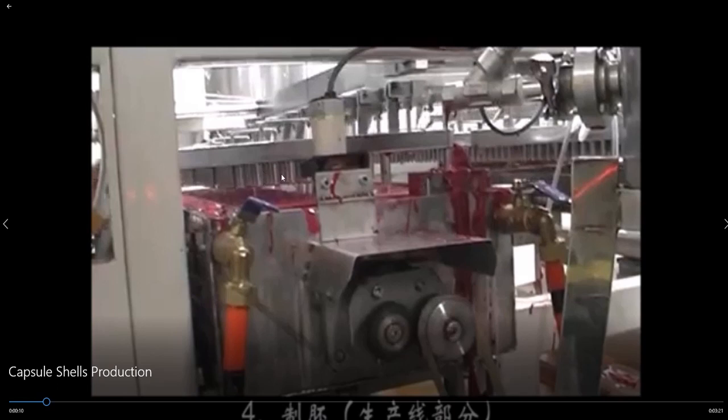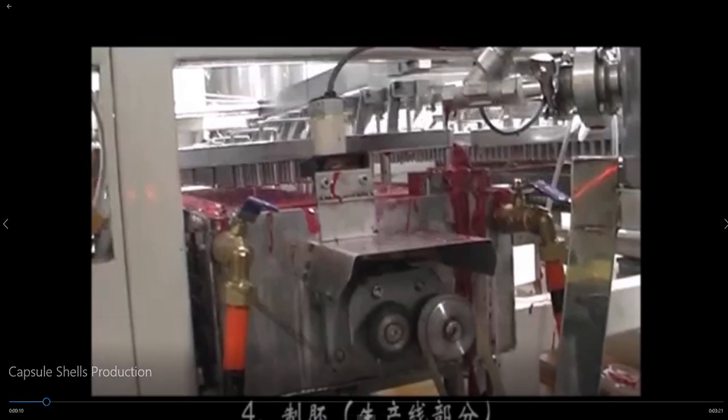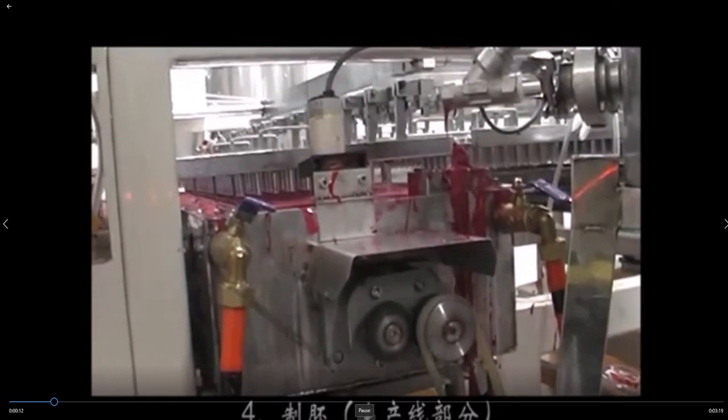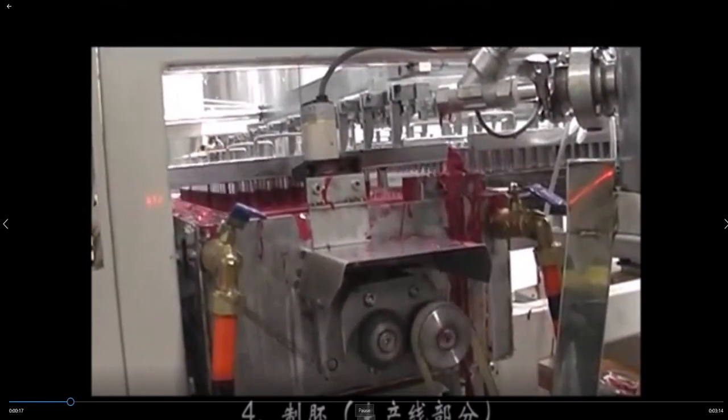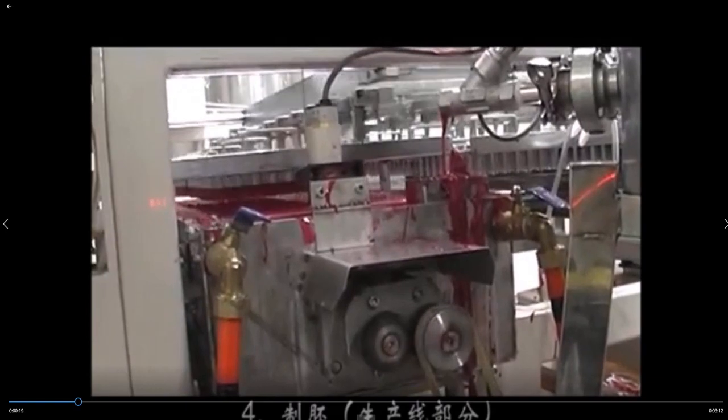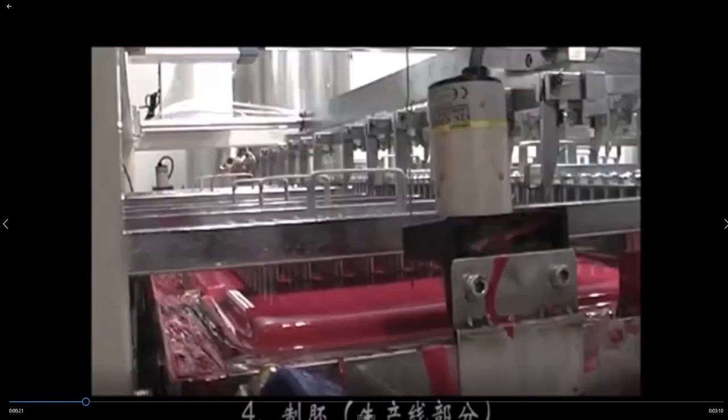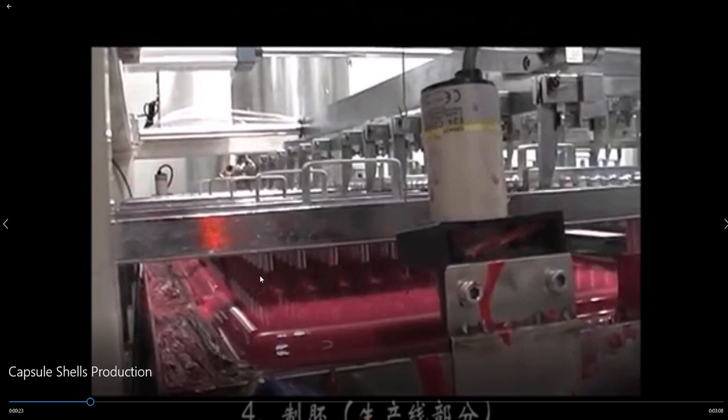So these pins or pegs will dip inside and they will be coated with the melted gelatin. Okay, watch this. So you see here the dipped pins or pegs inside the melted gelatin that contains this color.